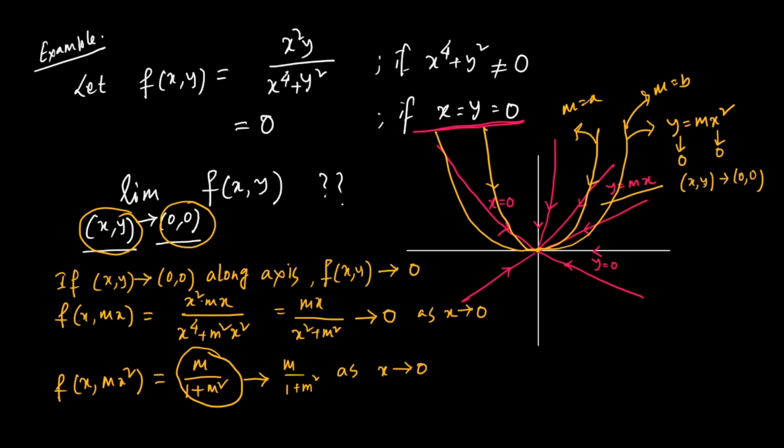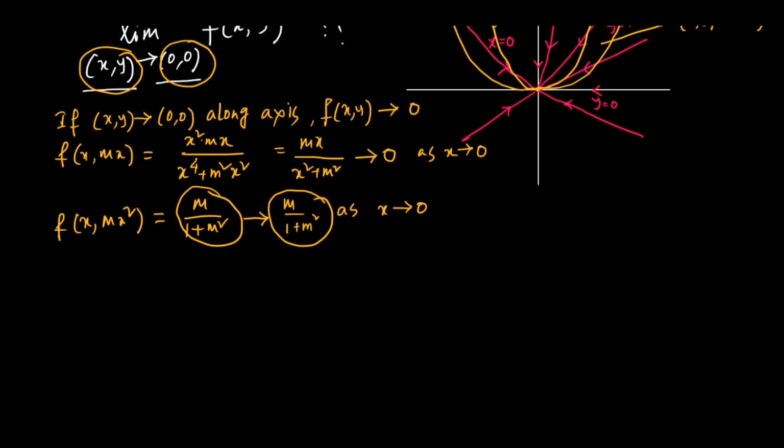So if m is equal to a and m is equal to b, then if you plug in the value of m here, you can see when (x, y) approaches (0, 0) via these two paths, your function approaches two completely different values, a by 1 plus a square and b by 1 plus b square. So for different values of m, or for different choices of paths, we will get different approach values of f(x, y). That means by definition we can say the limit does not exist.